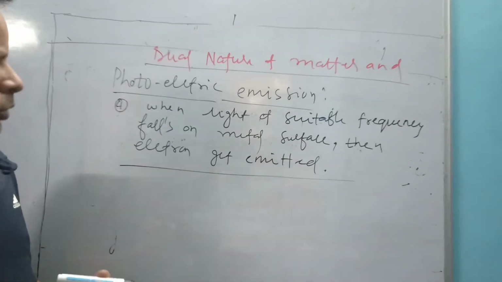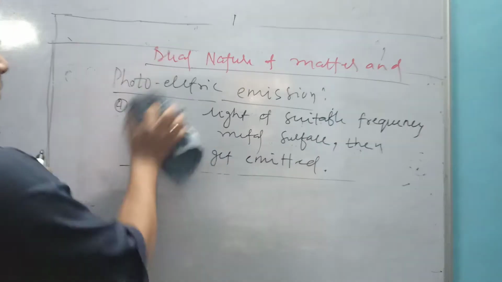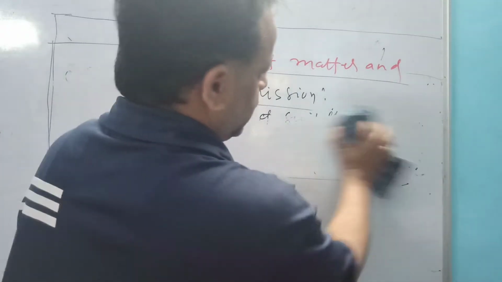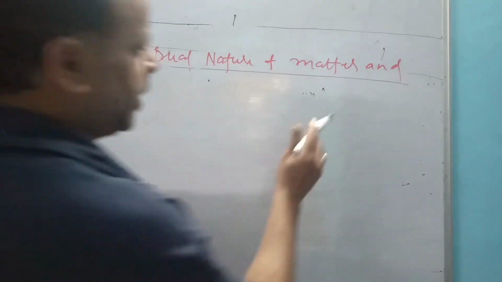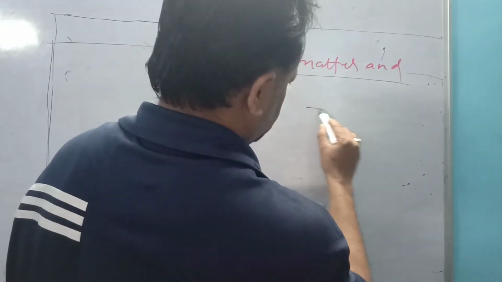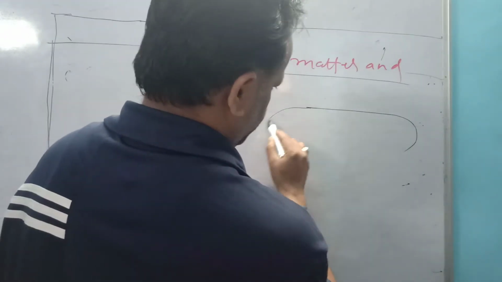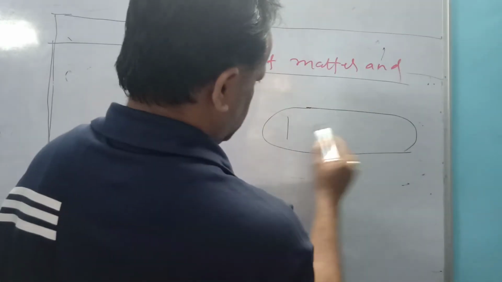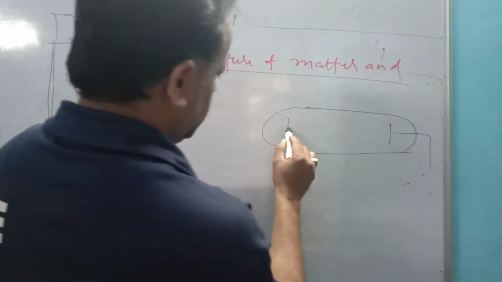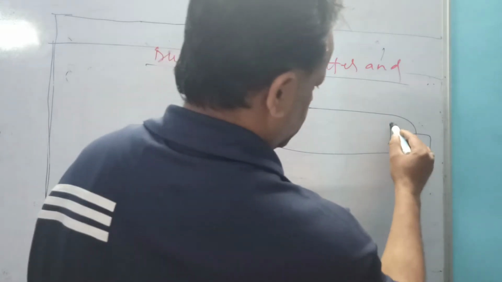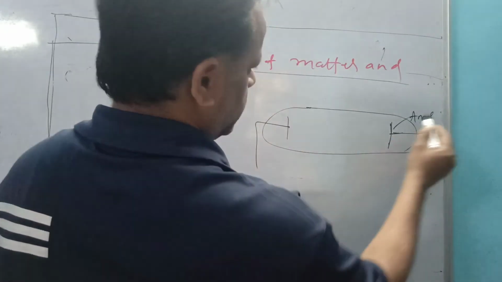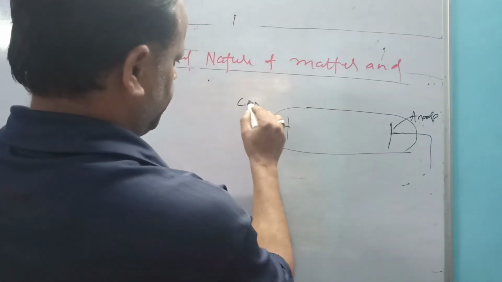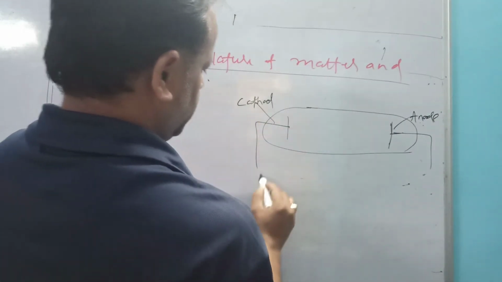Now we will go through various experimental facts which were found out by different experiments in the photoelectric experiment through the cathode ray tube. This is basically our anode. This is cathode.